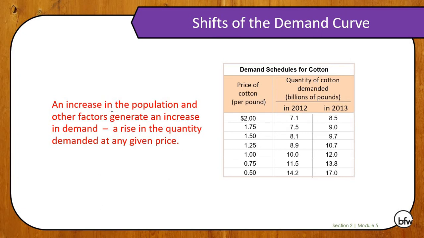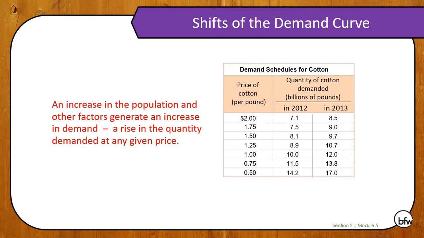All right, shifts of the demand curve. Now, an increase in population and other factors generate an increase in demand, which is a rise in the quantity demanded at any given price. So now we are talking about the shifts in the demand curve.